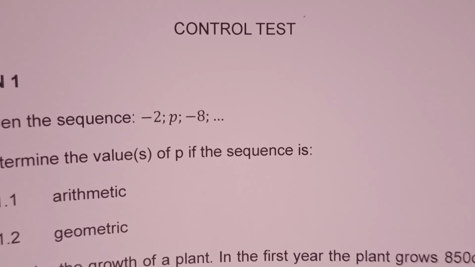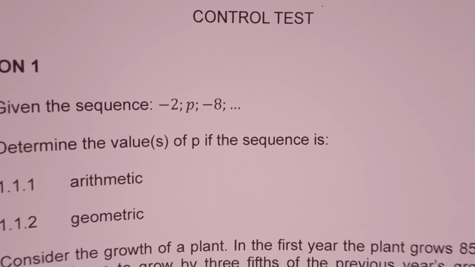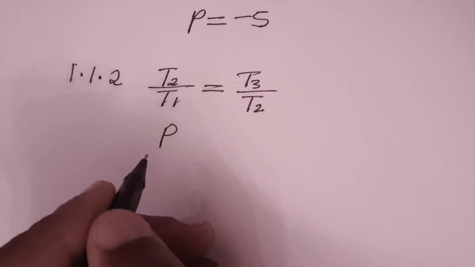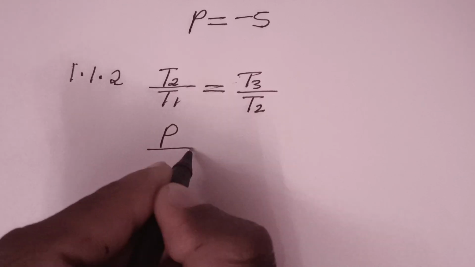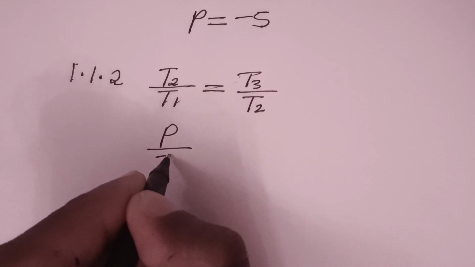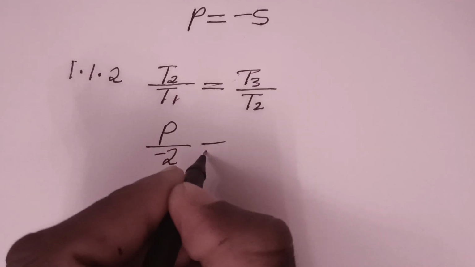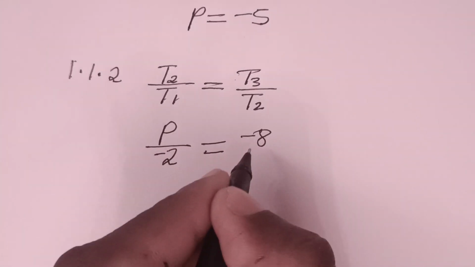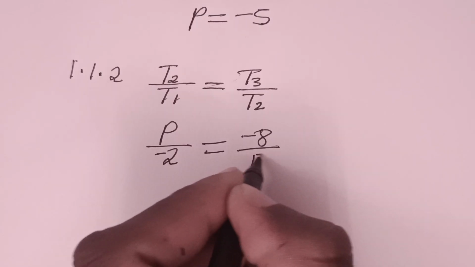T1 is -2. T3 is -8. So that's going to be p over -2 equals what? It's -8, which is T3 over p.